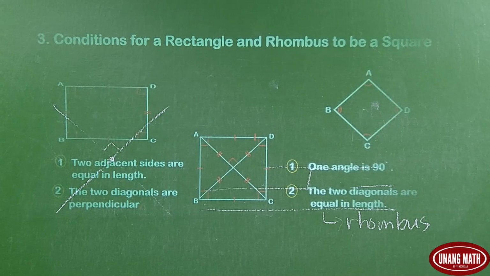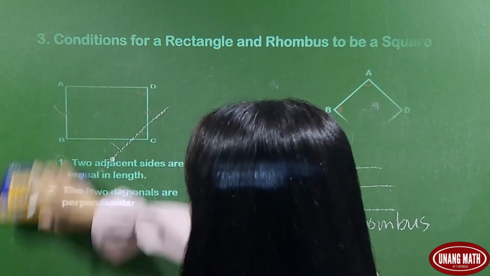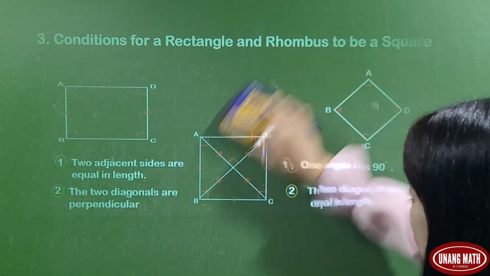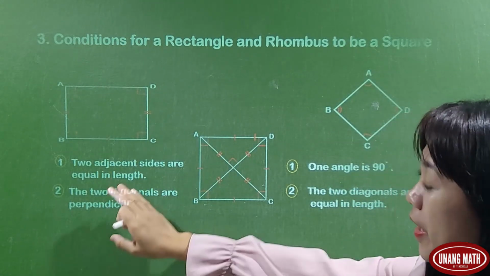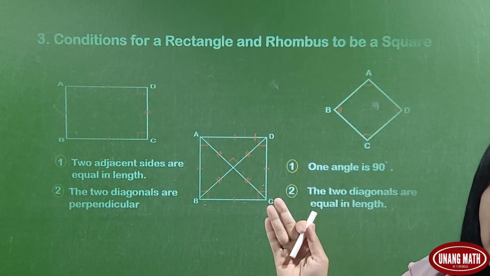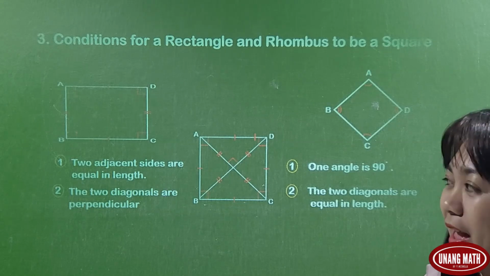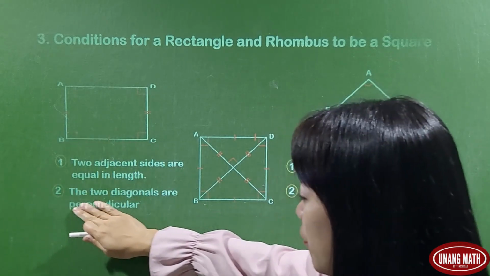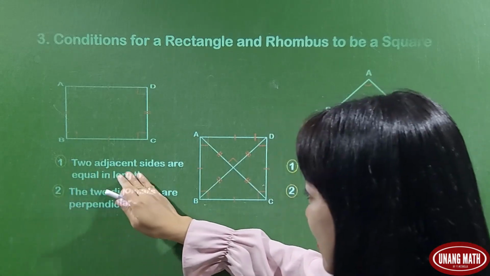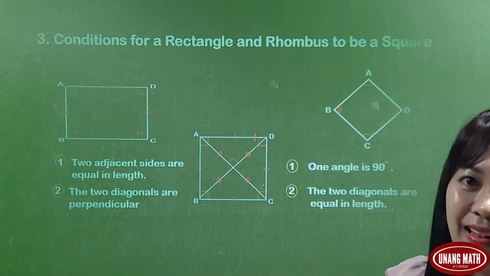Now, what are the conditions for a rectangle and a rhombus to be a square? We have here two conditions for a rectangle to be a square and two conditions for a rhombus to be a square. Let's start with the first two conditions. Two adjacent sides are equal in length.